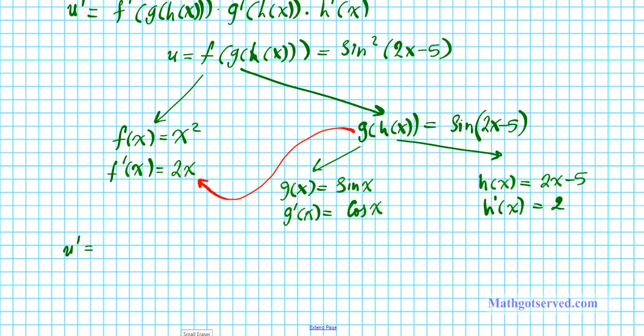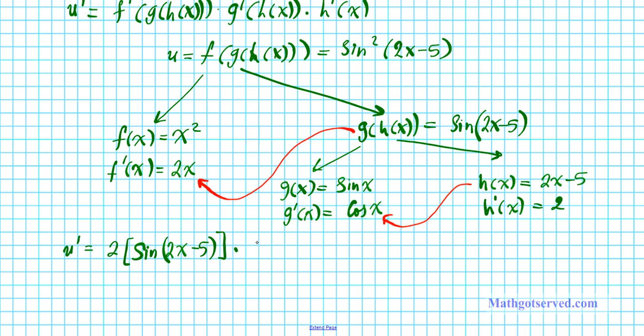So u prime is going to be 2, instead of x, 2 times sine of 2x minus 5. That's f prime of g of h of x, times g prime of h of x. We'll simply take h and plug it into g prime of x.